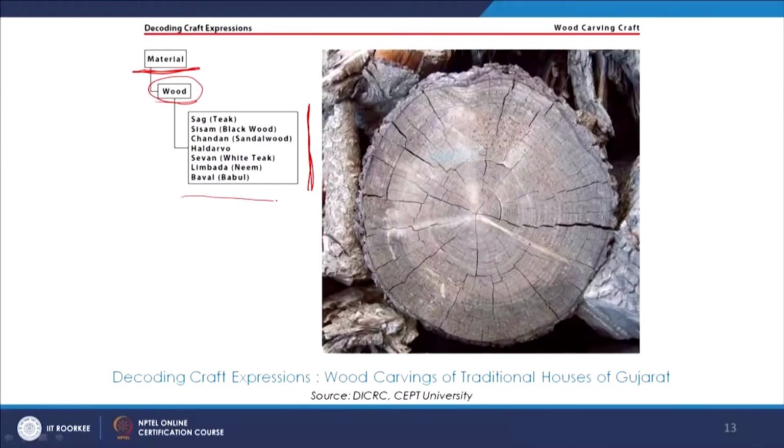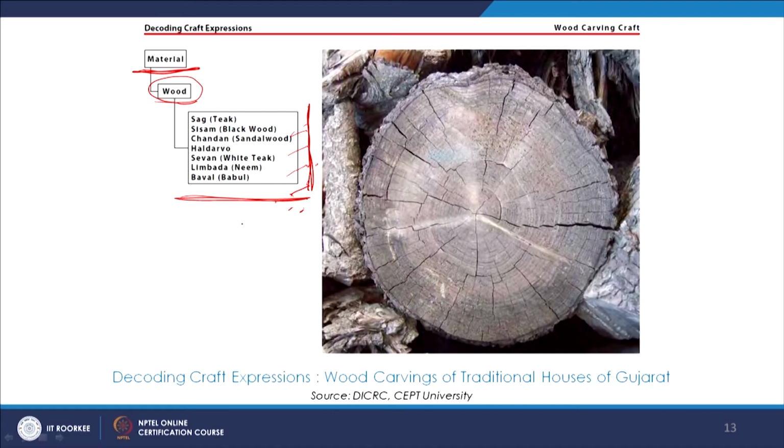So again, all of this is also a method of decoding, to understand eventually the interior architecture created and the building crafts integrated, to understand where the wood comes from, what the regional variations are, why a particular kind of wood is used in that interior architecture construction, and what kind of carving and technique that particular material supports.